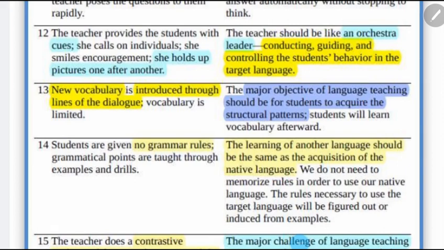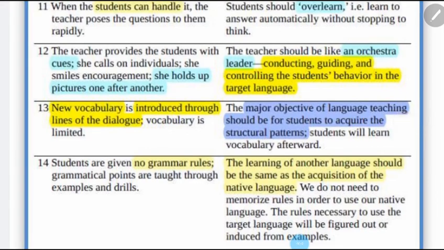She calls on individuals, she smiles encouragement, she holds up pictures one after another. The teacher should be like an orchestra leader. This is another important role for the teacher. To be an orchestra leader means conducting, guiding, and controlling the students' behavior in the target language class.